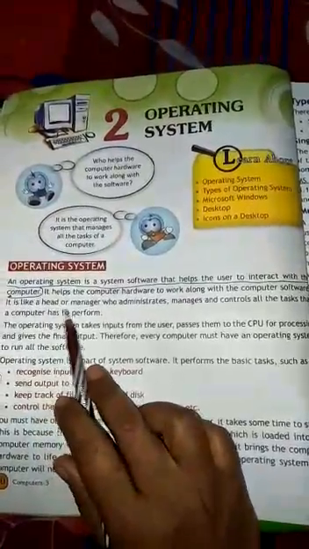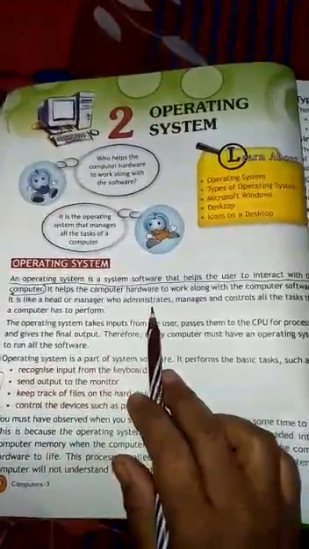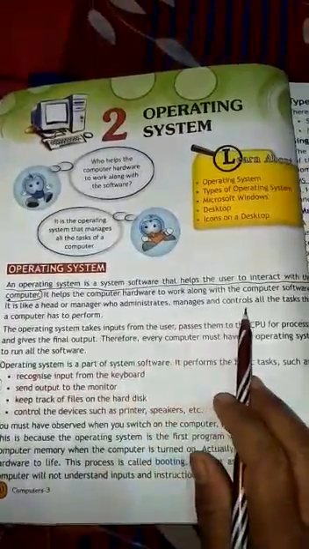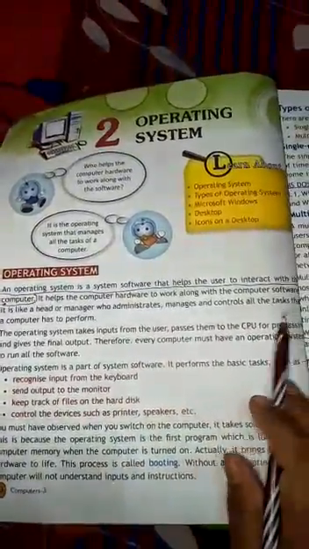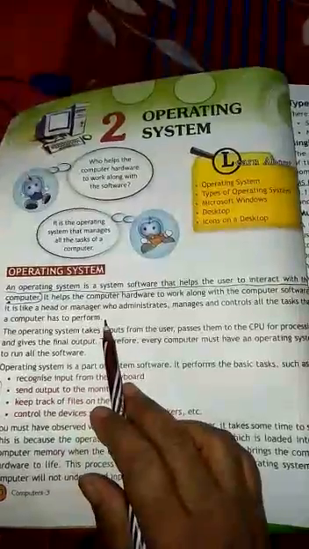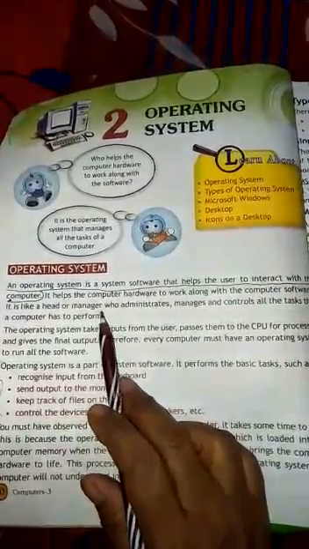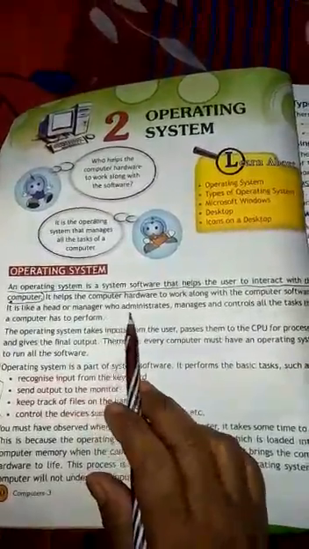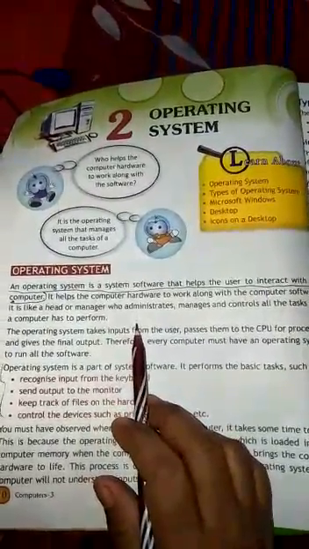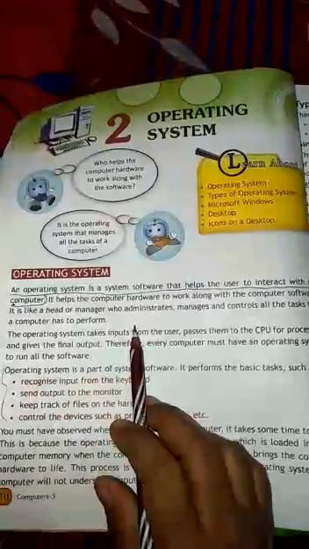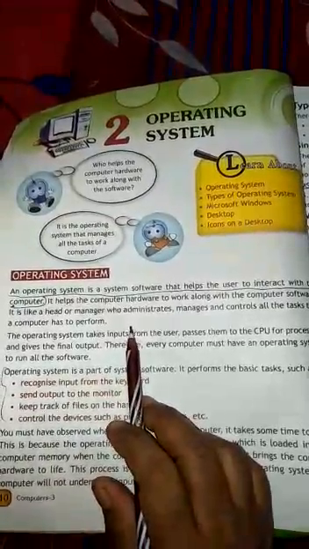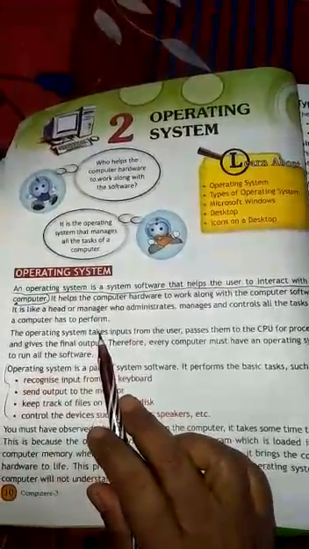It is like a head or manager who administrates, manages and controls all the tasks that a computer has to perform. So an operating system is the head or manager that controls or manages all the performance of the computer.